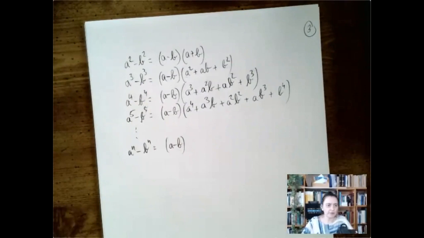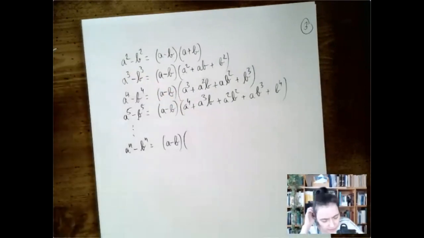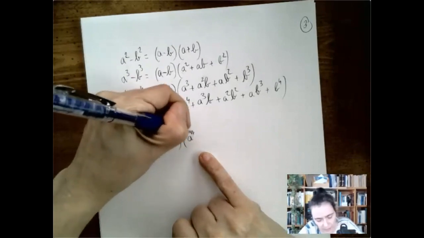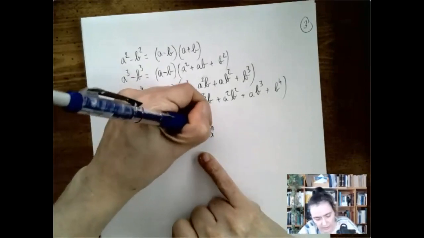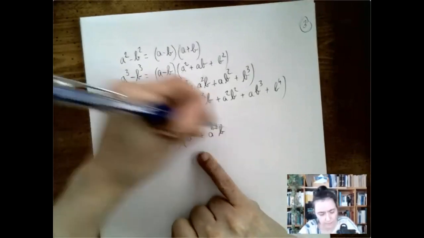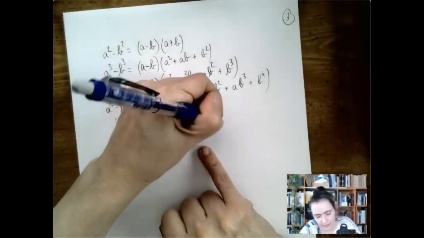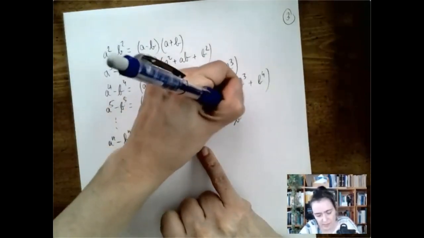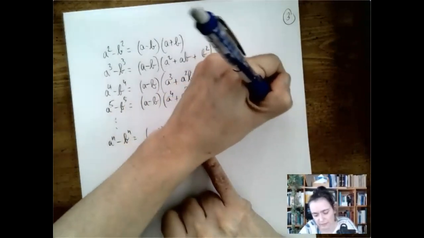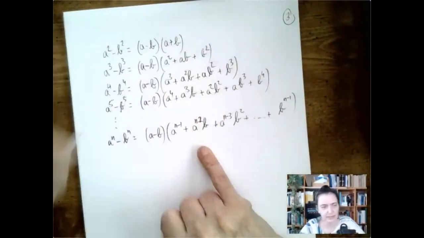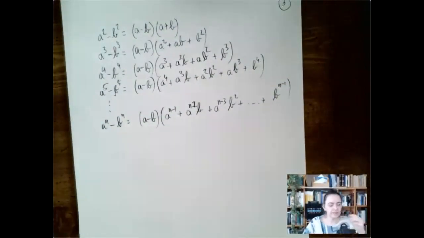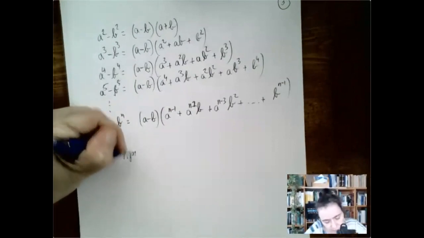For example, let me just finish this and I'll show you stuff. a to the n minus 1 plus a to the n minus 2 times b plus a to the n minus 3 times b squared, and so on until all we have is b. Okay, so this has applications to divisibility.